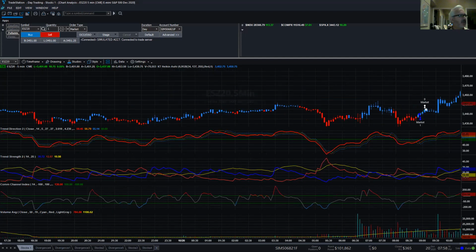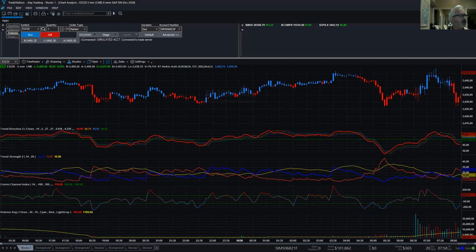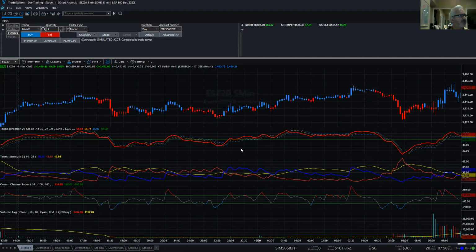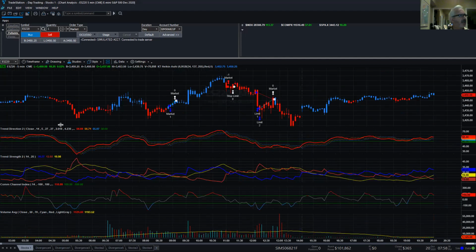This was the Globex overnight, as you can see. This is the overnight right here. And here we are coming into the open. Right there is the open. So we start to see a decline here of the S&P futures.